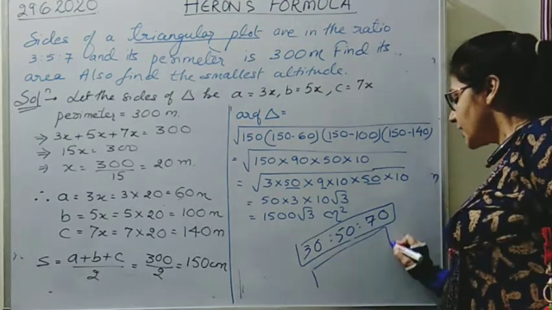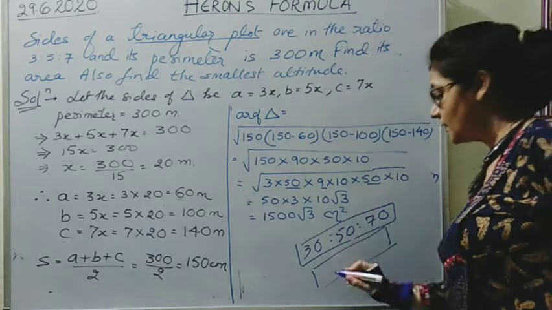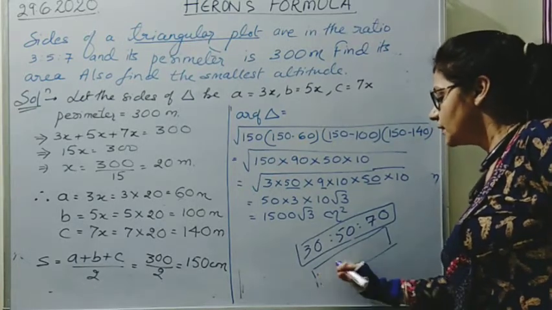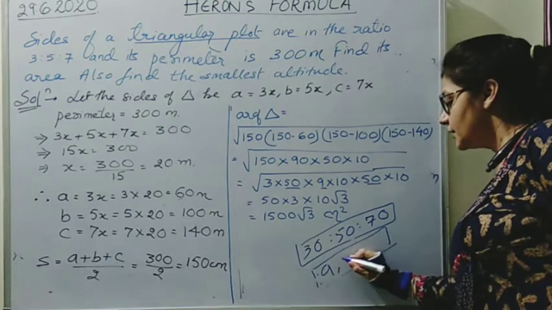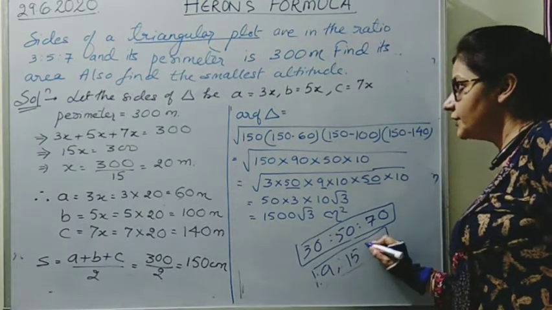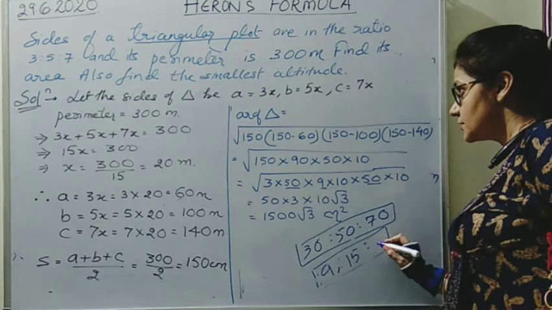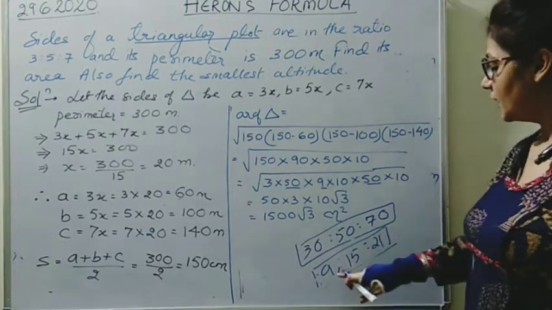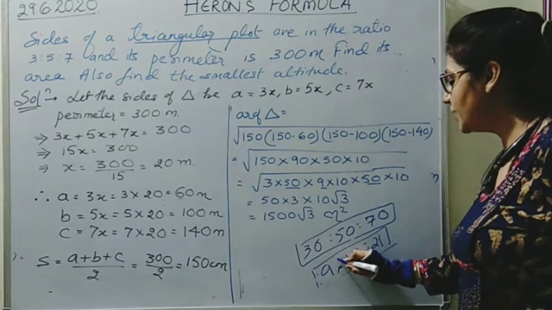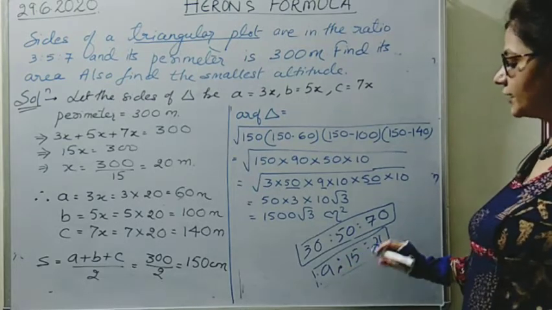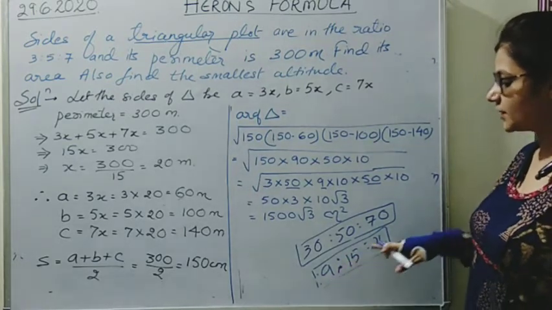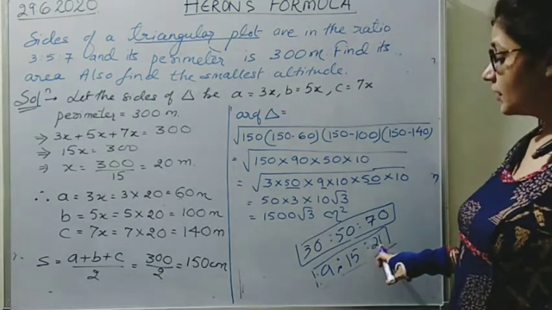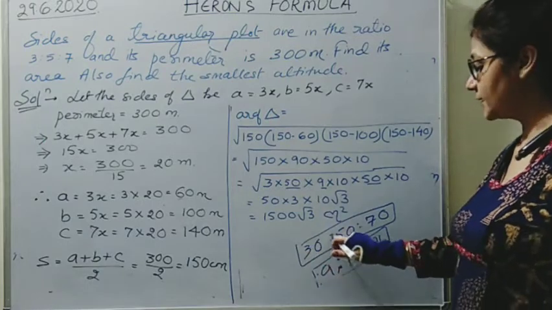The sides can be 15, 9 ratio 3, 5 is 15, 21. Now, what is this? 9, 15, 21. Again, this is 3:5:7. Is it clear? So, the sides can be anything.